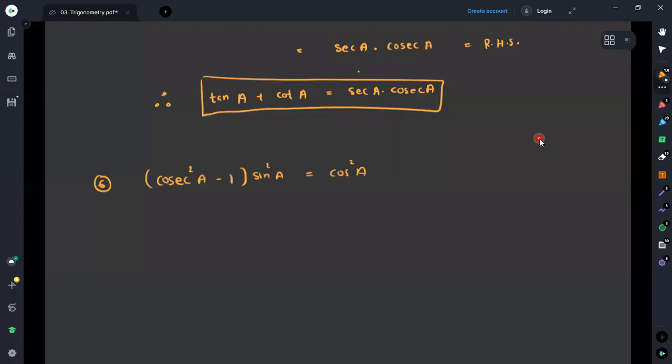This is the identity. And here also I will take the left hand side of the equation first. Since we can see that the large part is in the left hand side and the minor part is in the right hand side, we can simply make this large part into a small one rather than expanding this.